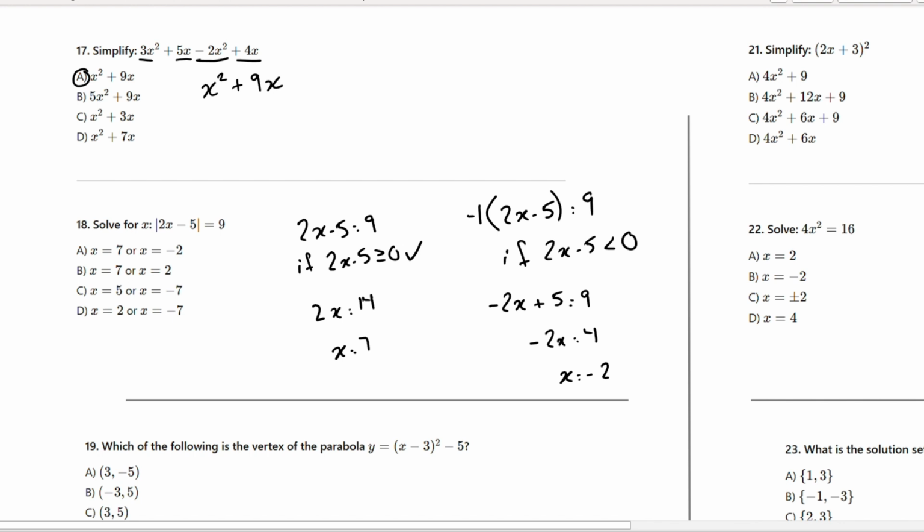Negative 2 times 2 is negative 4. Minus 5 is negative 9. Negative 9 is less than 0, which means negative 2 is also an answer. So x equals 7 and x equals negative 2 both work. So that would be our first choice here. But I will also graph that to show you that it actually works both on graphing and this way.